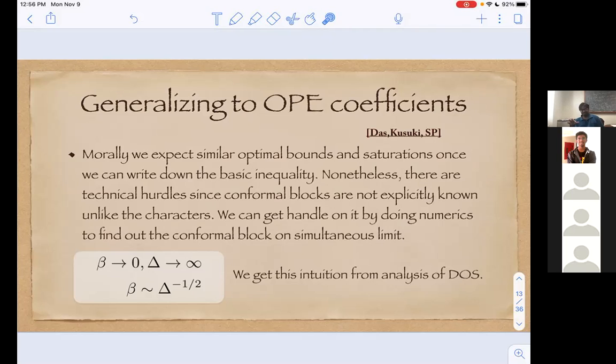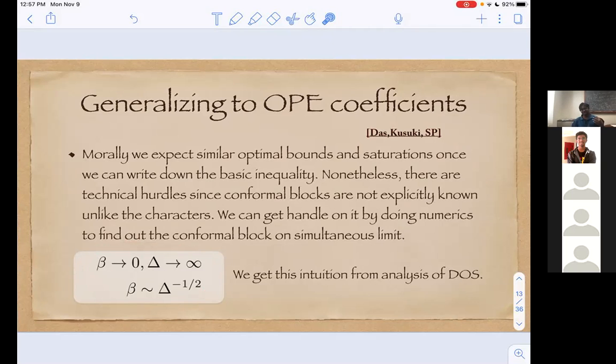So here the basic idea is that from this calculation of density of states, we understood that the only thing that matters is this thermodynamic limit, which is a simultaneous limit of beta going to 0 and delta going to infinity.